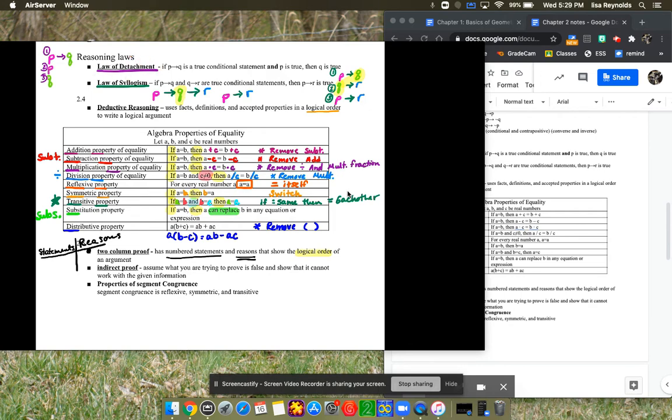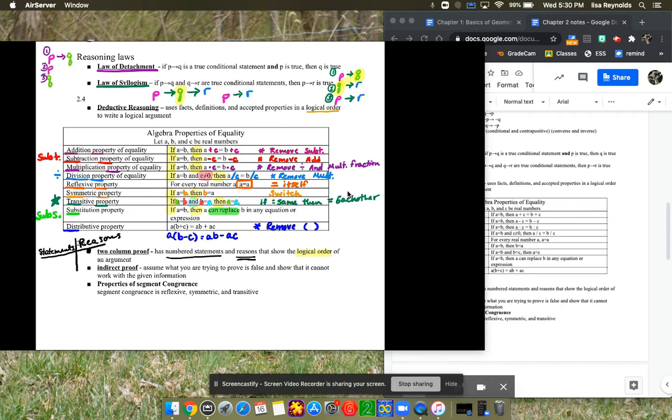We're going to know a piece of information. We're going to identify our postulate, property, or theorem that has that information in order to get its conclusion. So we're going to take a known given fact, apply some sort of postulate, property, or theorem in order to get a new fact.